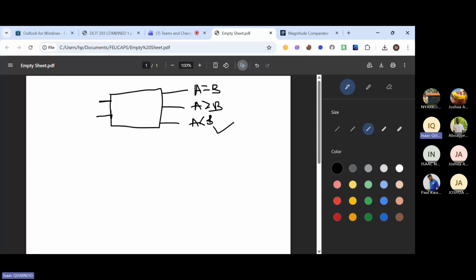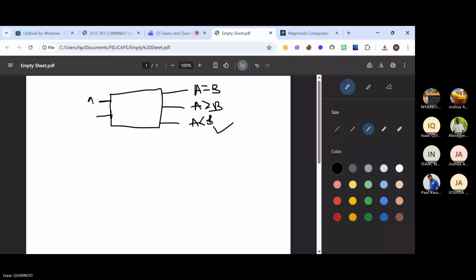So assuming you have 2 different inputs, A and B, a comparator will be used to determine whether A is equal to B, A is greater than B, or A is lesser than B. That's basically the job it does.